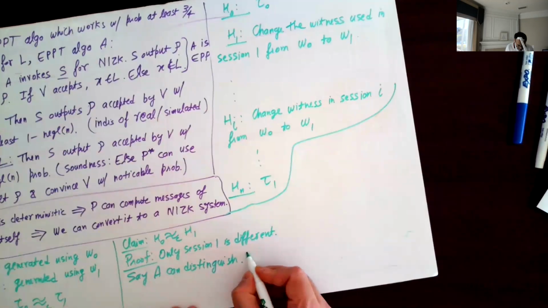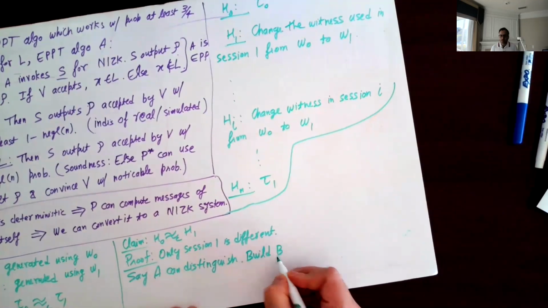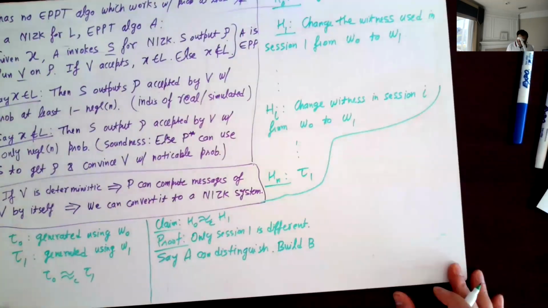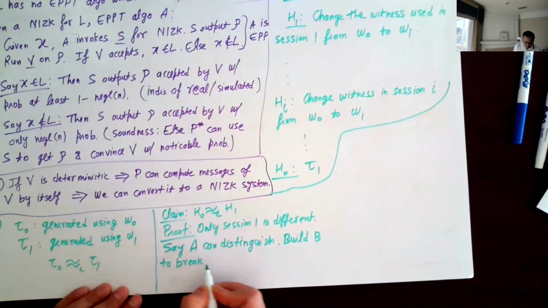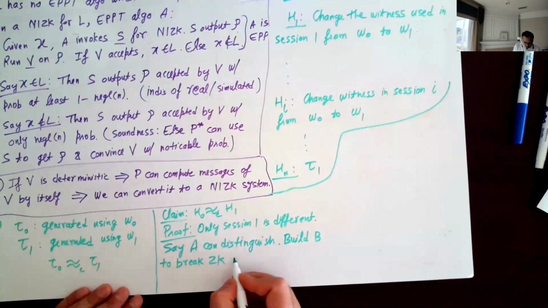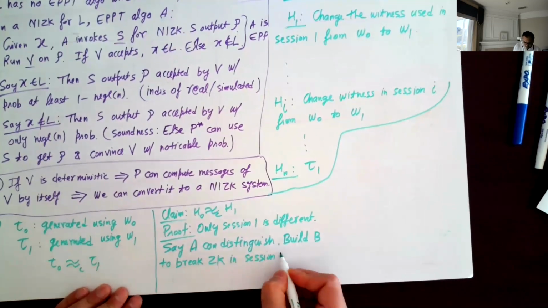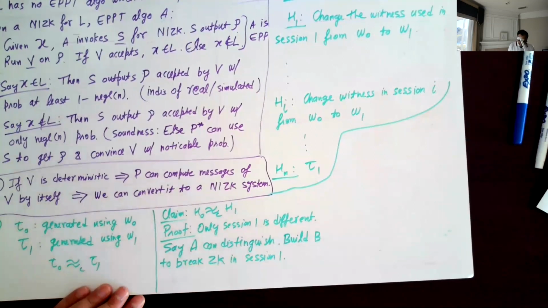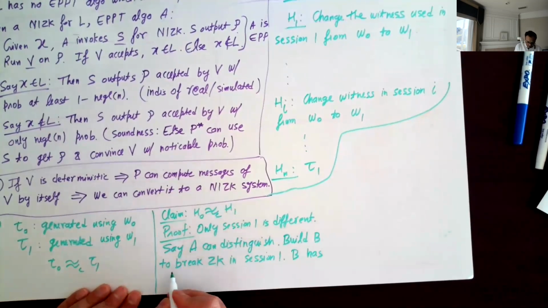Then we will build another algorithm B to break zero knowledge in session 1. So B has W0 and W1.